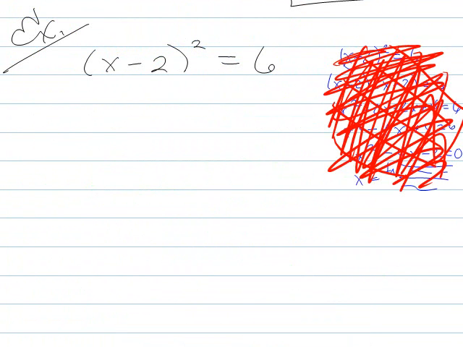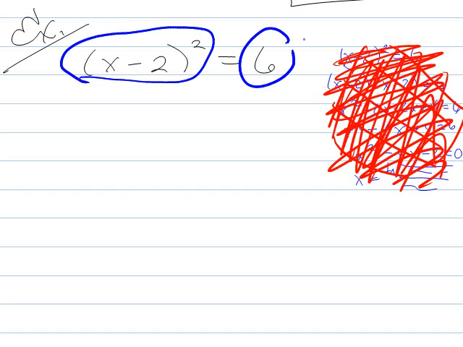Look, check it out. We have something squared and a plain old number. Now, it's x minus 2 squared, but I didn't care. I didn't tell you that it had to be something in particular. I said something squared. This is, in fact, something. x minus 2 qualifies as something.